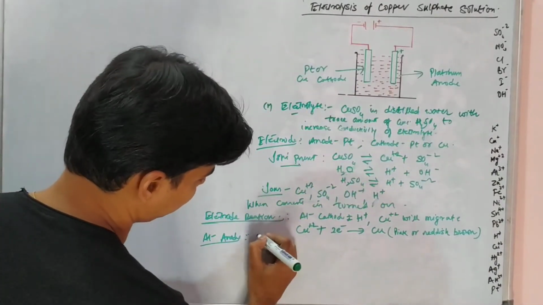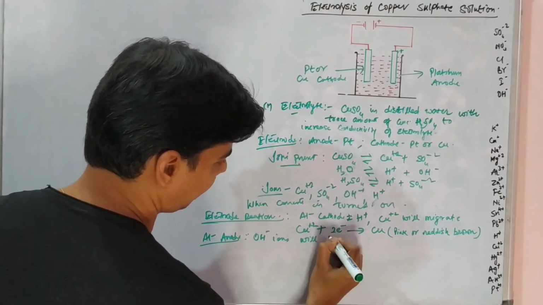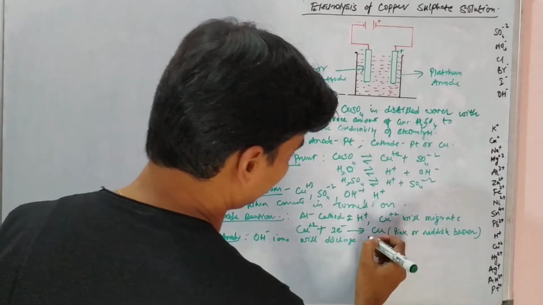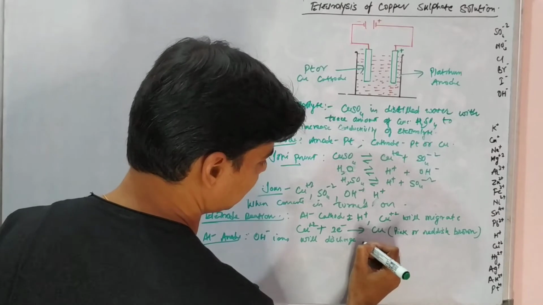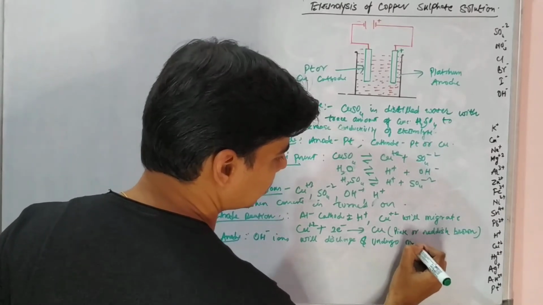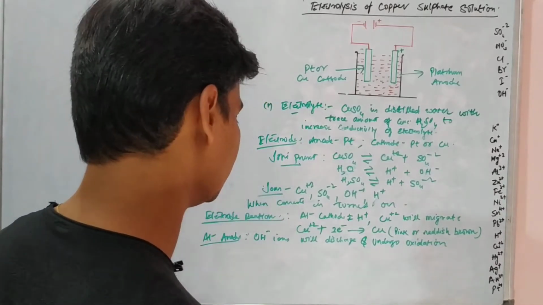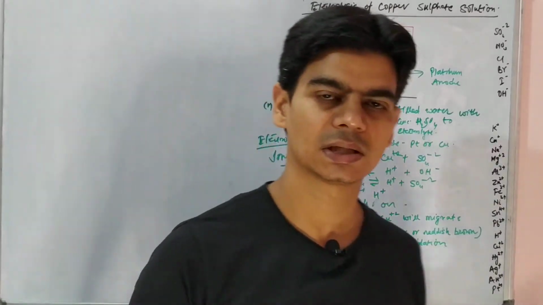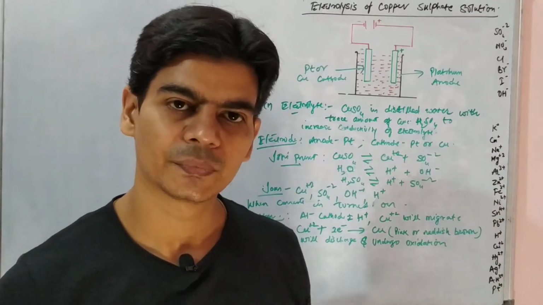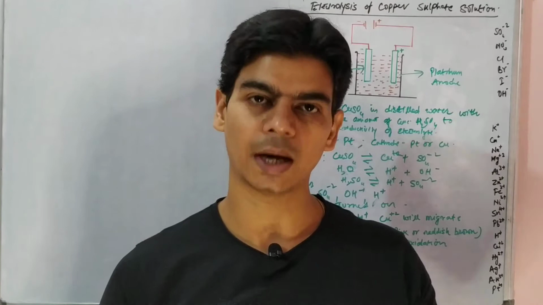So at the anode, hydroxyl ions will discharge and undergo oxidation. It is an anion, it has excess charge, so the OH ion will lose an electron at the anode and form an OH radical.